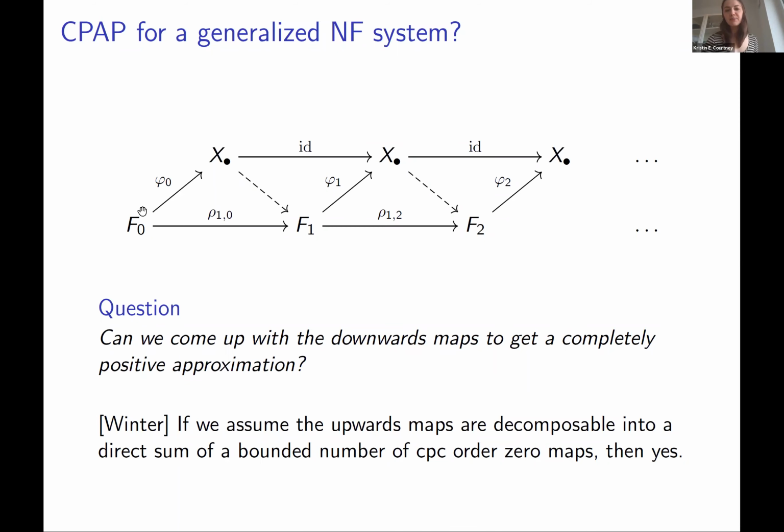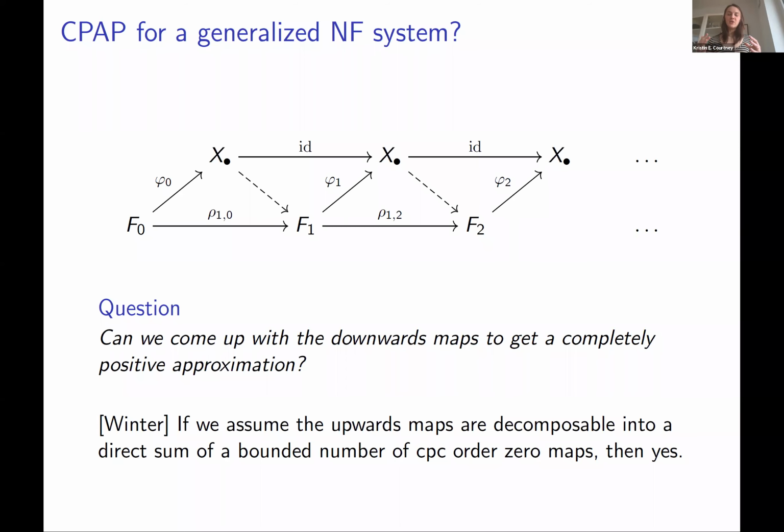When your upwards map is built out of order 0 maps, you can take each of the order 0 components and come up with these inverse maps. Now, the issue is when you take this generic Hahn-Banach extension, a gift from the gods, you don't have much control over what's happening off of the images of the individual CPC order 0 components.